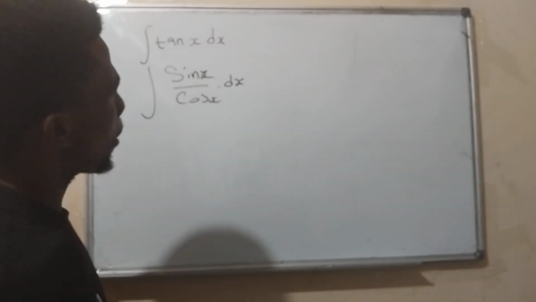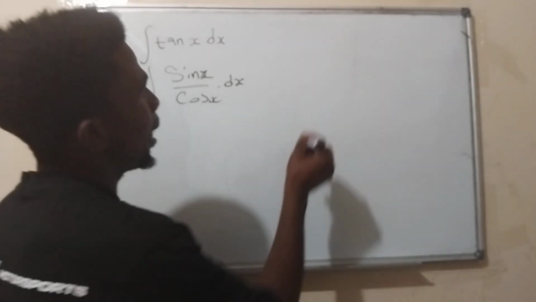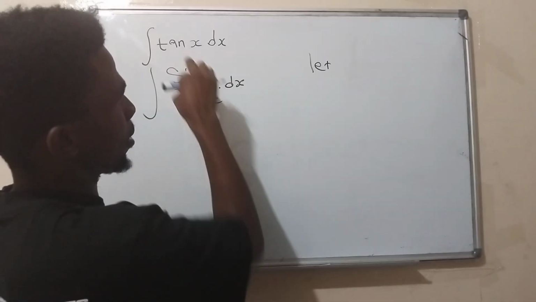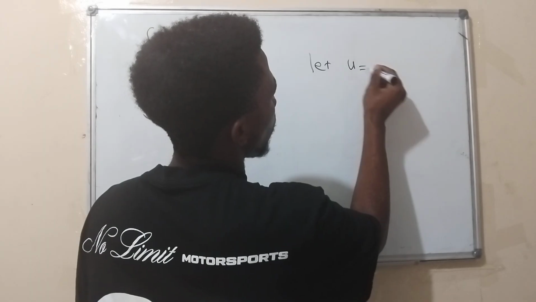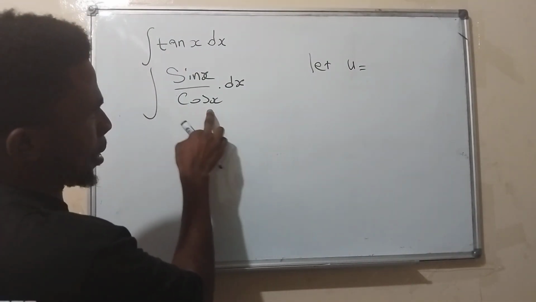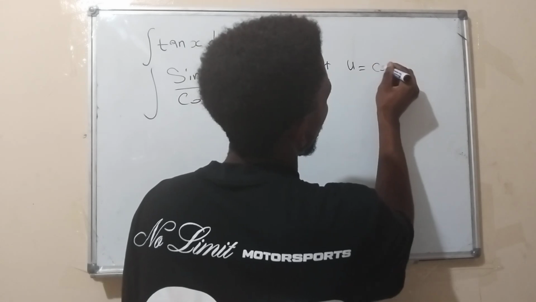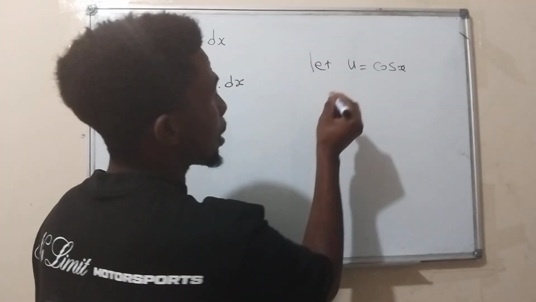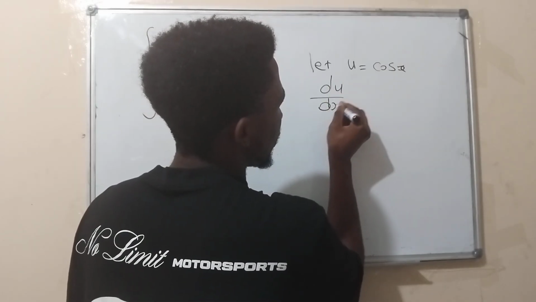Then from here you just need to say, if you want to integrate this tan x, let u equal cos x. Then du over dx.